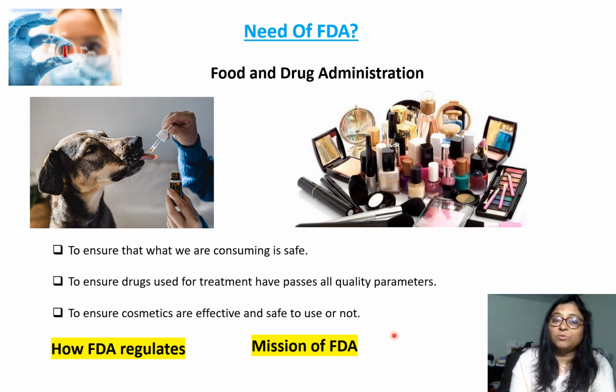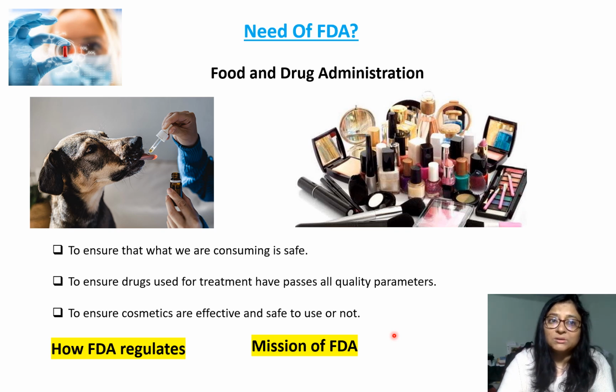They ensure that drugs used for treatment have passed all quality parameters. That means if a treatment is good but it has some severe side effects, then in general we can say that it is not good. The FDA also ensures cosmetics are effective and safe to use. In modern days everyone uses lots of cosmetics.